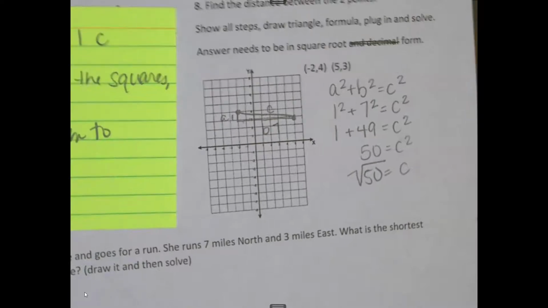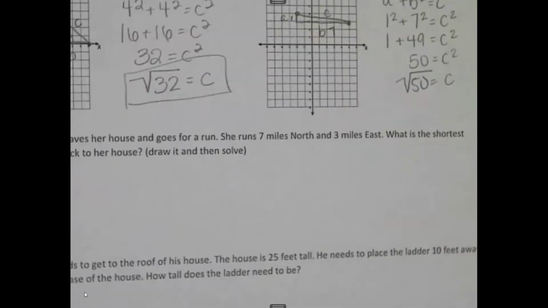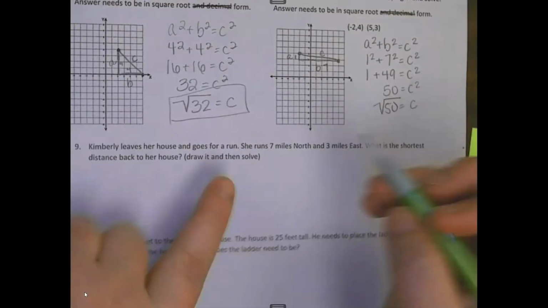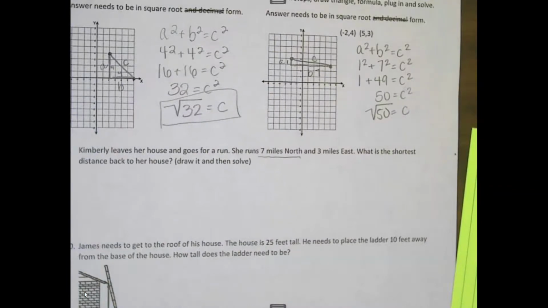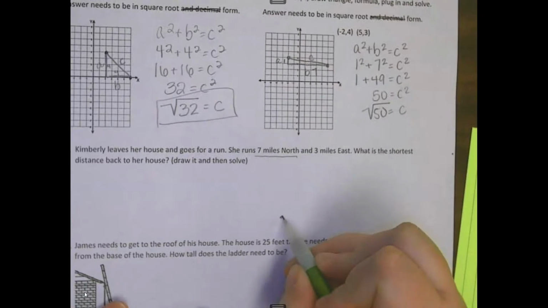Alright, let's look at a couple of word problem examples. Kimberly leaves her house and goes for a run. She runs 7 miles north. So how can I show 7 miles? Let's say she's starting right here, and north is going up.